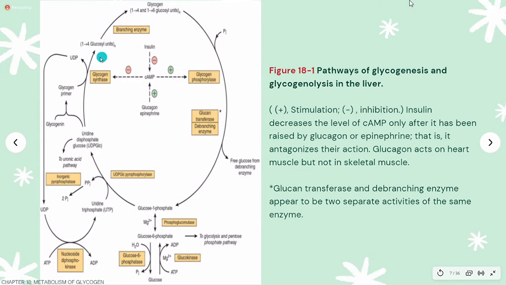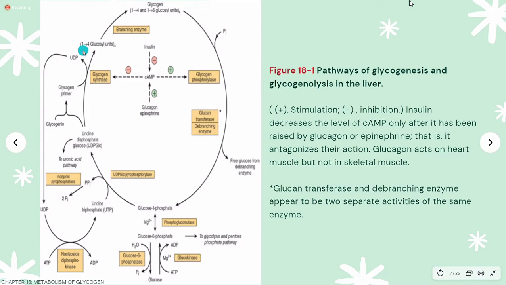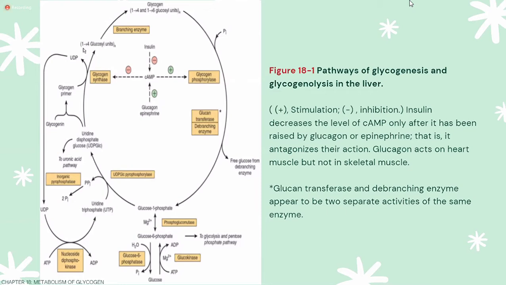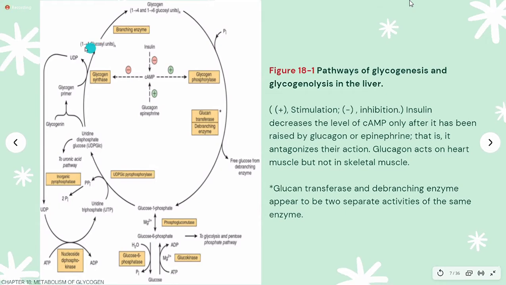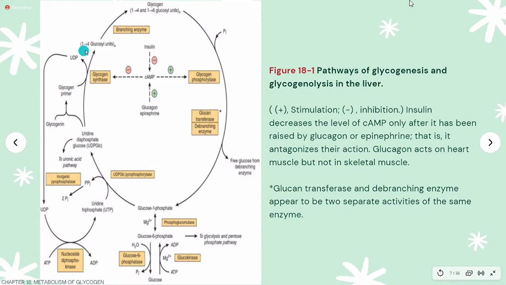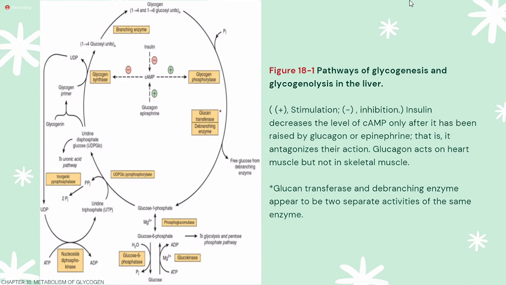Now remember, when we say 1, that is carbon 1 of 1 glucose, I'm sorry. Carbon 1 of 1 glucose unit attached to the other glucose unit at carbon 4. So that's why you will have alpha 1,4 glycosidic linkage.